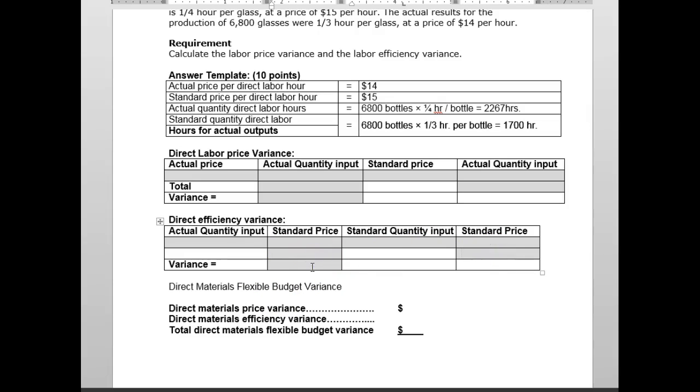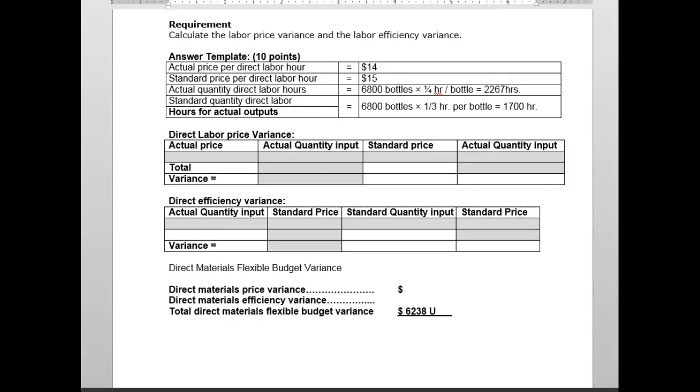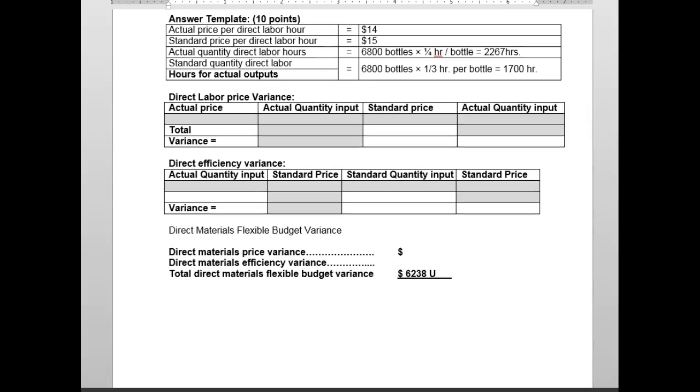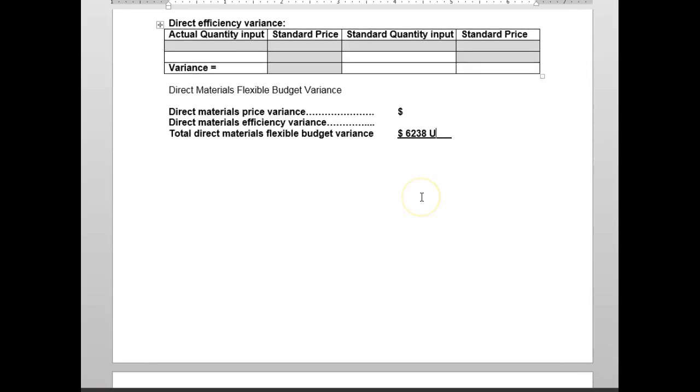Multiply those out and then get a variance. Now this one will probably be unfavorable. And then you're going to come up with an overall unfavorable, and I'll give you a number to shoot for, which is 6,283. That should be unfavorable. So you can see you can nail down what is causing the variances back and forth.